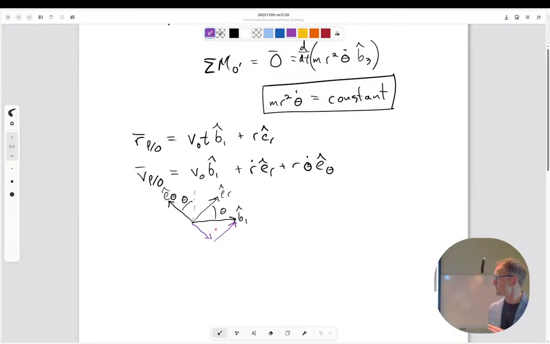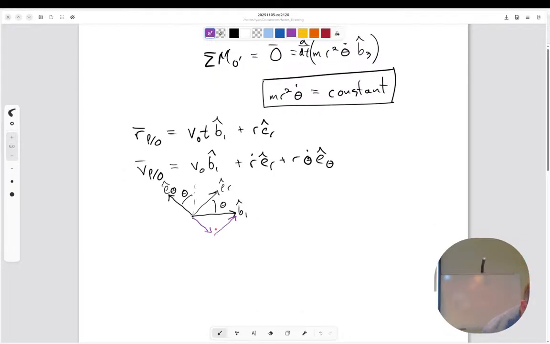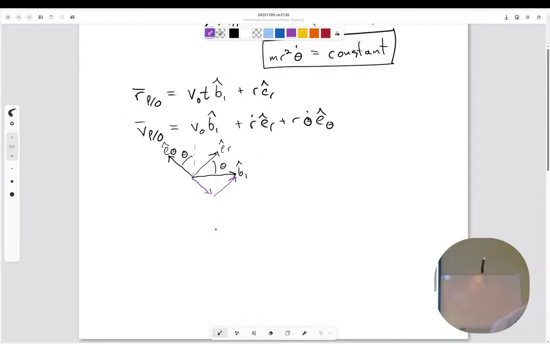So this is one way to do it. We can do it this way. Let's see, if that one's theta, then this angle has got to be theta minus 90, and this one's got to be theta. Does that make sense? Did I do everything right for that triangle?